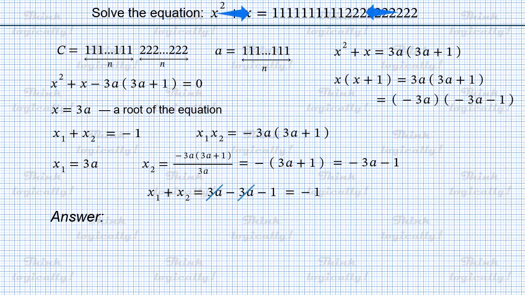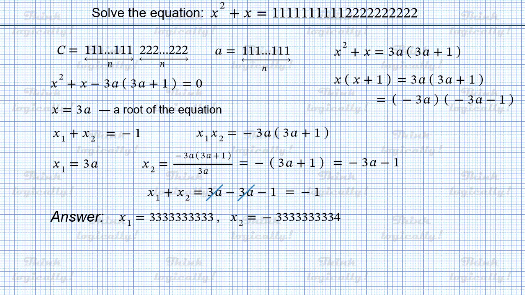So we have 10 ones for a, and accordingly 10 threes for 3a, which is the value of x sub 1. In order to find the second root, we add 1 to the first root and negate the result, getting a negative number with 9 threes and 1 four. Now, we've got the answer.